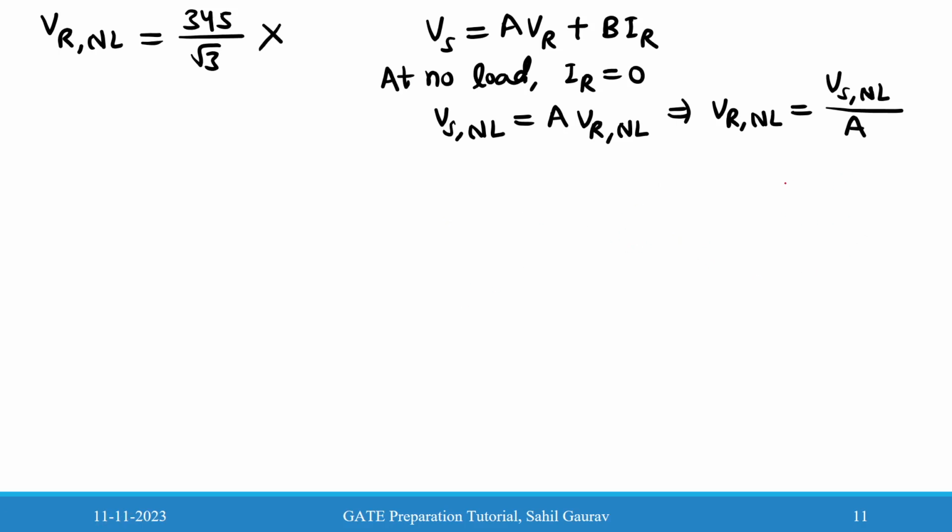Vs no load, we have found this value. What is this value? 199.6. You can directly write Vs by A because that is the sending end voltage. So it's better to write VR no load is 199.6, and the A value is 0.9706.